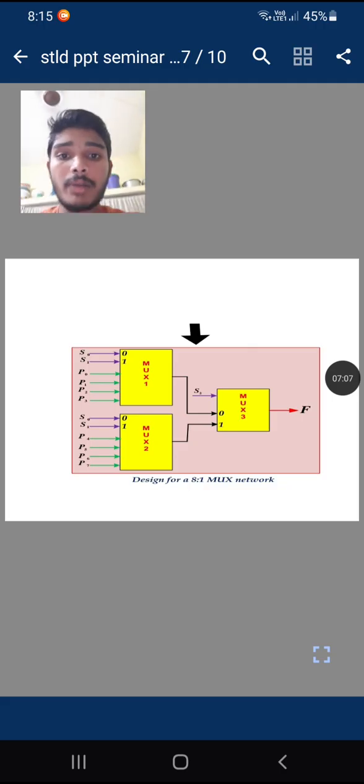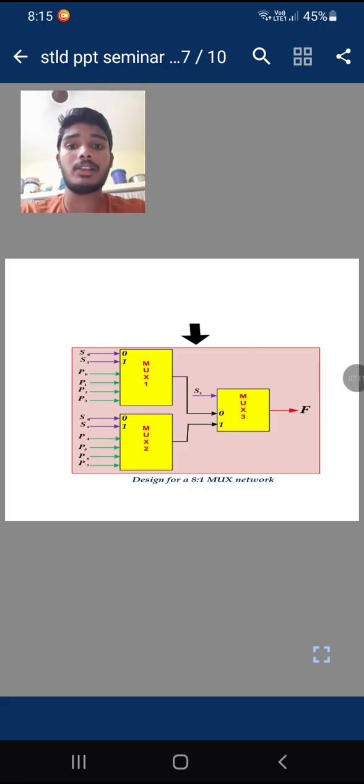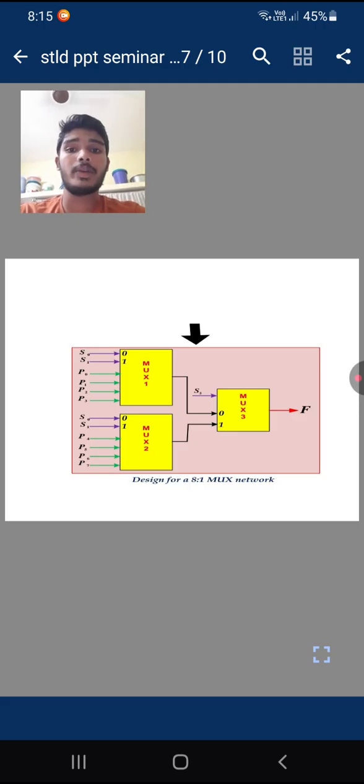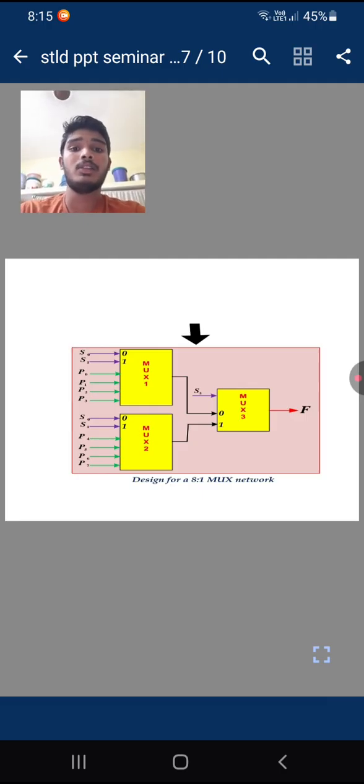The logic diagram of the 8 by 1 multiplexer is similar to the 4 by 1 multiplexer, taking the selection inputs S0, S1, S2, and writing the output equations with I0, I1, I2, I3 up to I7, because there are three selection inputs. The possible cases are 8 values of input values.